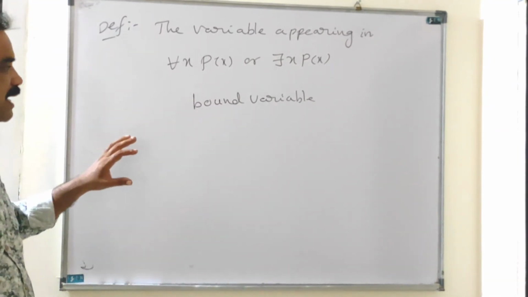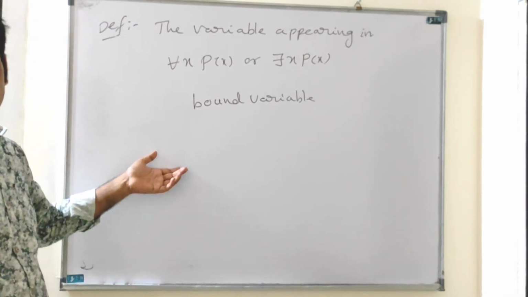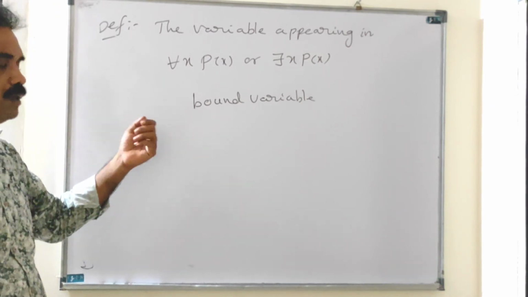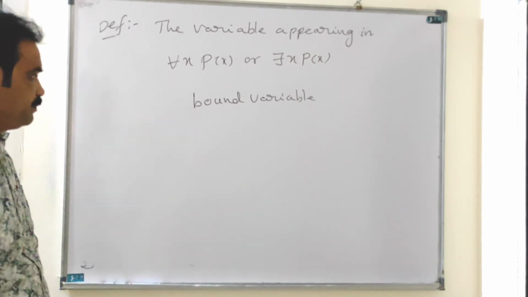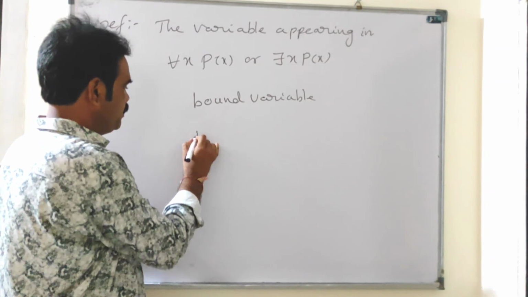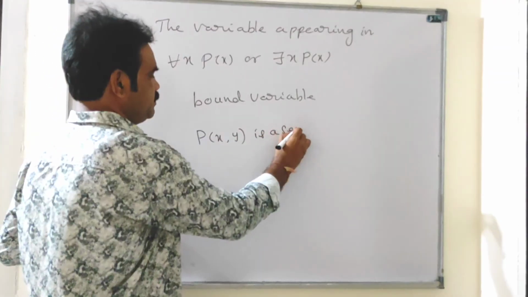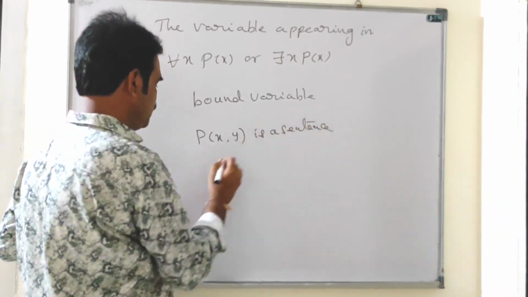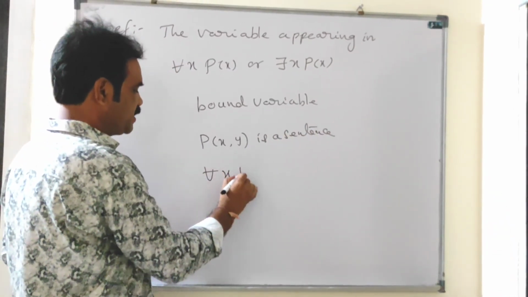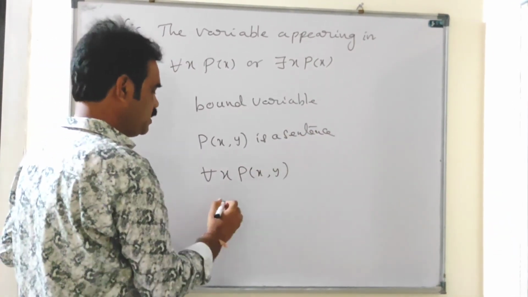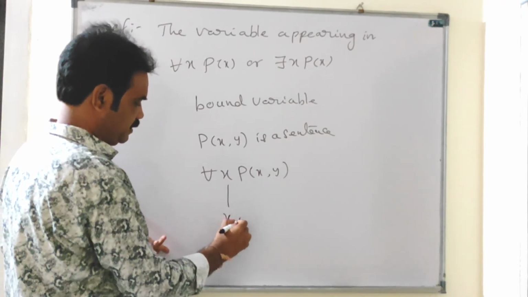Or when we have to assign a value to the variable to get a proposition, that is called a bound variable. Now, if P of x, y is a sentence, then in for all x, P of x, y, only the variable x is bound.